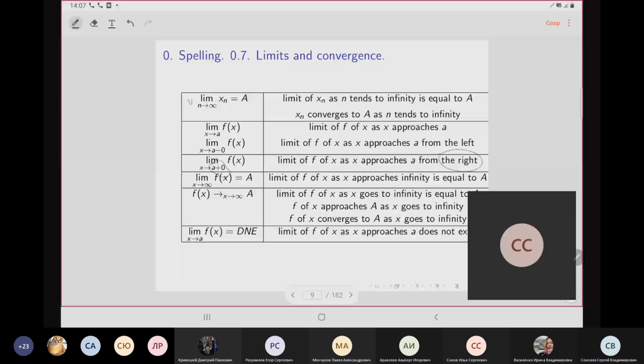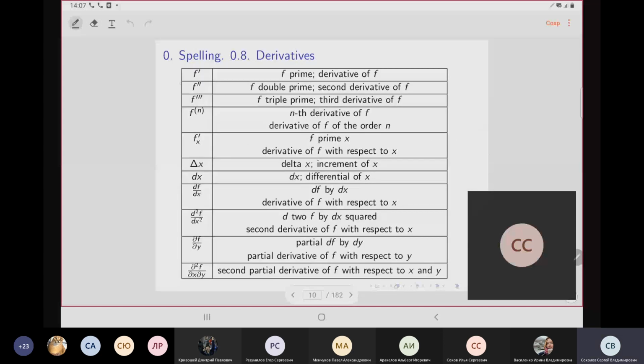Next one, derivatives. For the first derivative, we say derivative of f prime. The second derivative, double prime. Next one will be triple prime or nth derivative. We use this notation with the brackets.